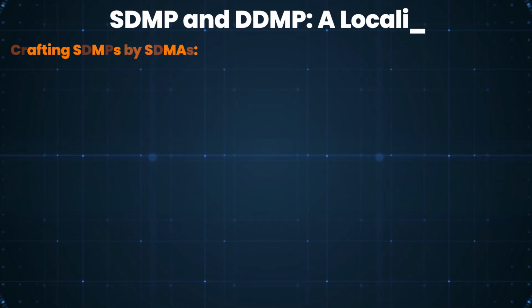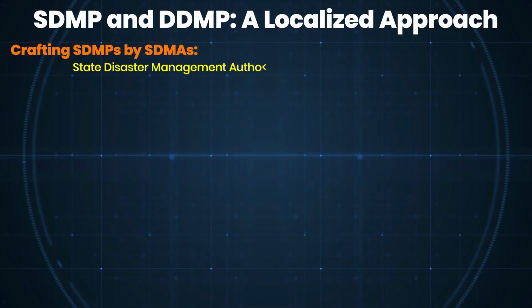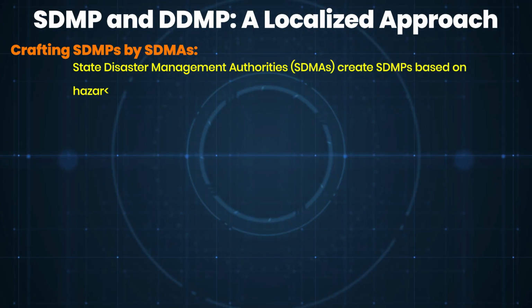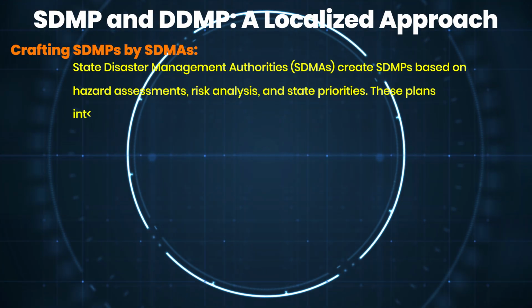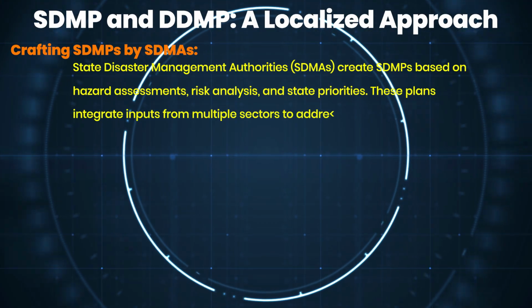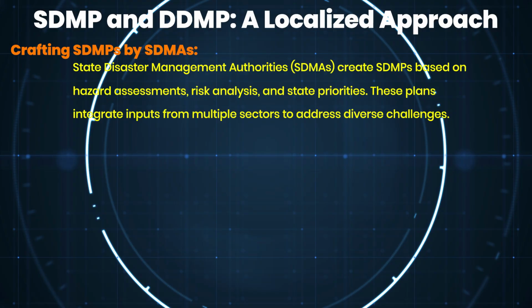Now, let us try to understand what the SDMP and DDMP are and how they form a localized approach. Crafting SDMPs and DDMPs: state disaster management authorities create the SDMPs based on hazard assessments, risk analysis and state priorities. These plans integrate inputs from multiple sectors to address diverse challenges.